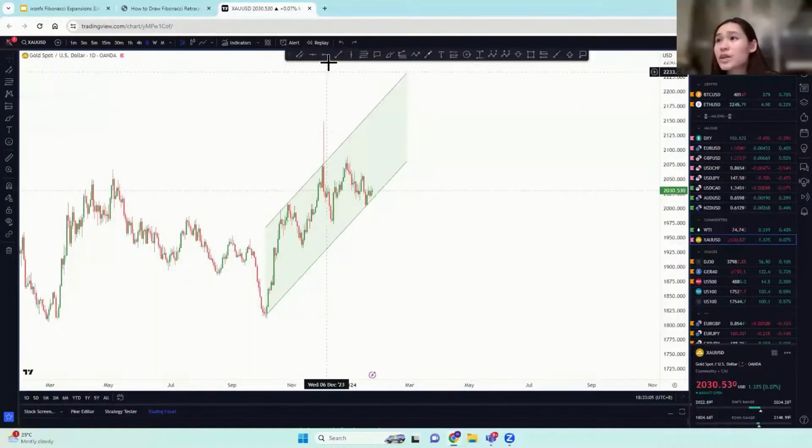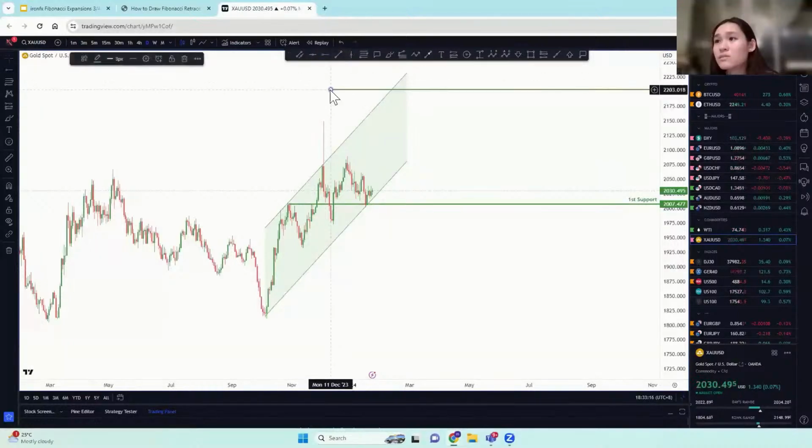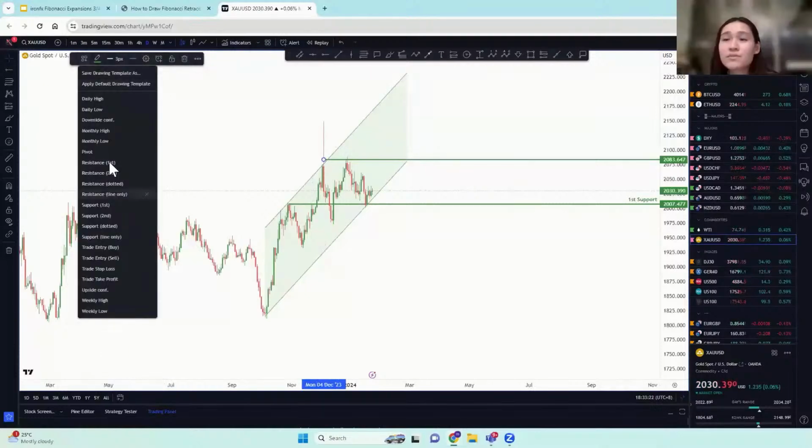Okay, so let's go in and look at our support and resistance levels. So here will be my first support, and here would be my first resistance.